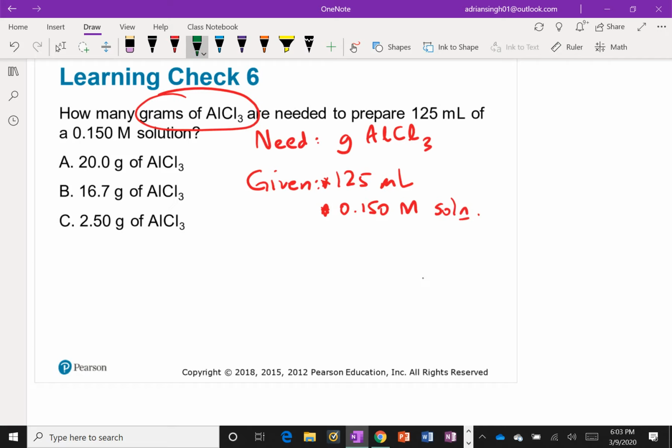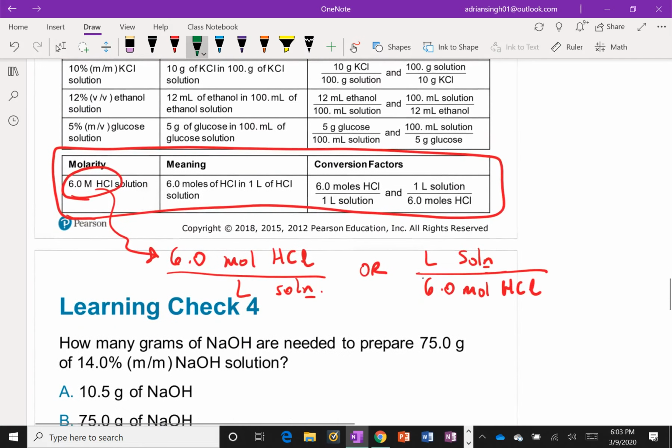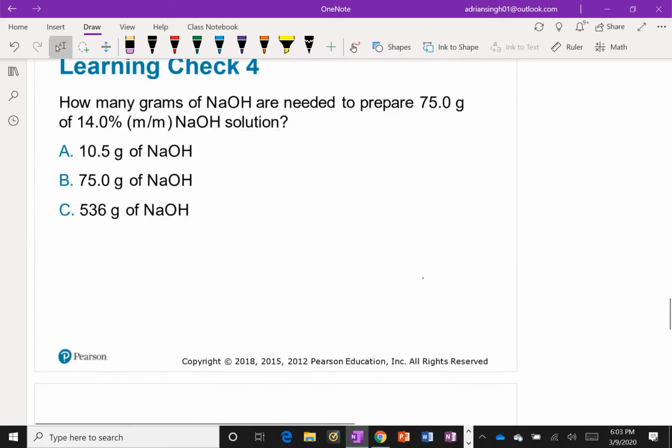So let's make a little bit more sense of what we're actually given. So 0.150 molar solution, what does that mean now? So if I told you you had 6 molar something, it was 6 moles of the solute per liter of solution. So if I have 0.15 molar of something, what would that mean?